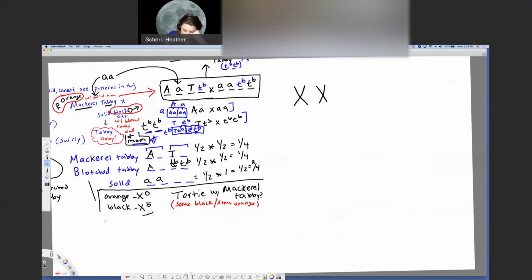At least one of the oranges. Remember, because of that X inactivation, we have mixed patterns when you have some of the cat being orange and some of the cat being black, or some version of those colors, and sometimes white. And so anytime you have a heterozygote, you're going to have a tortoiseshell or calico pattern.